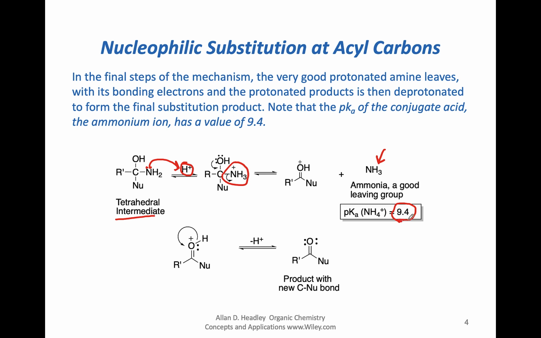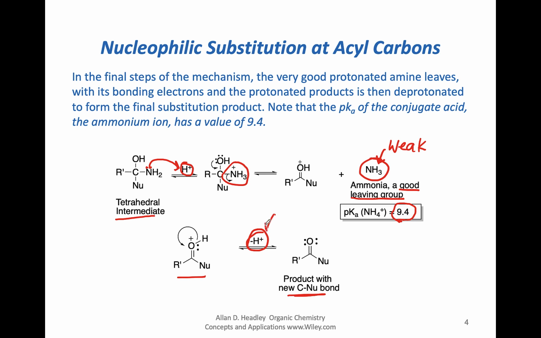So it means that its conjugate base here is weak. So this is a weak conjugate base, which means that it's a good leaving group. So this reaction here, in the presence of an acid, produces a better leaving group than the NH2 in the absence of your acid. This is what's generated, and of course the proton is regenerated to give you your product.